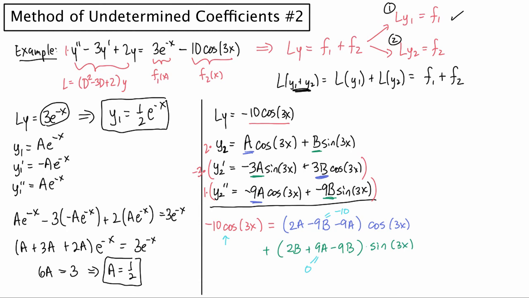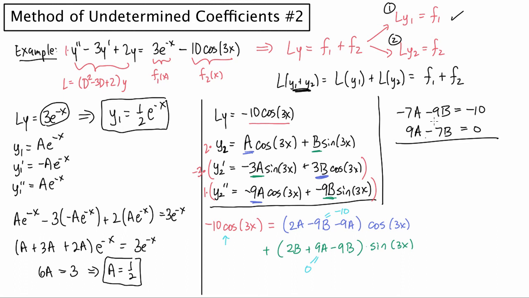Together, these create a system of equations, if you will. That system of equations is, if I'm looking here, 2a minus 9a is negative 7a, minus 9b, that needs to equal negative 10. And then from the bottom piece, I've got a 9a and a 2b minus 9b, so that's a minus 7b equal to 0.